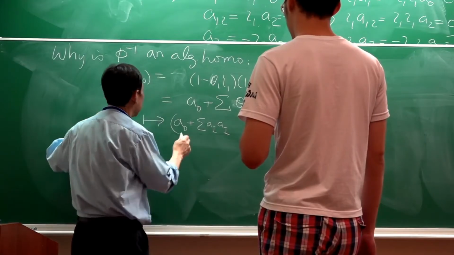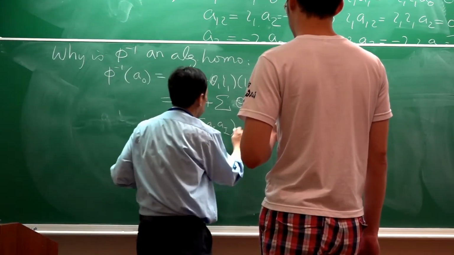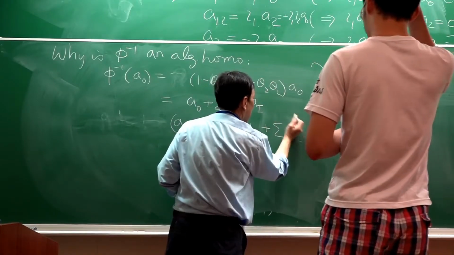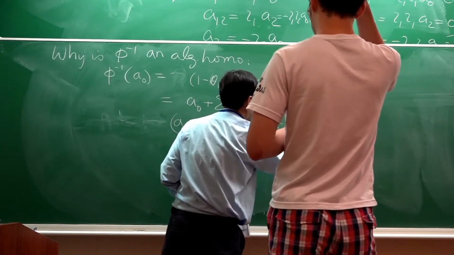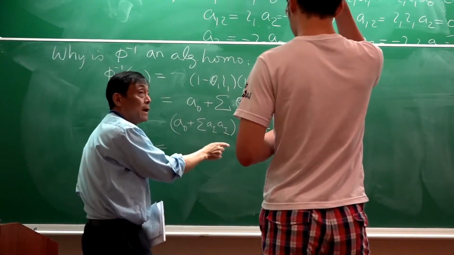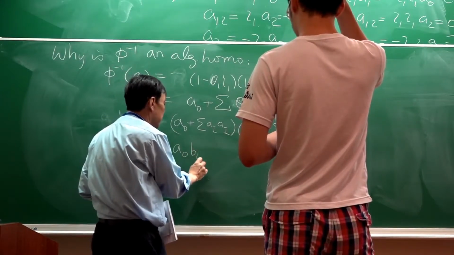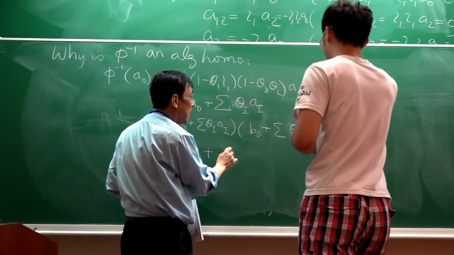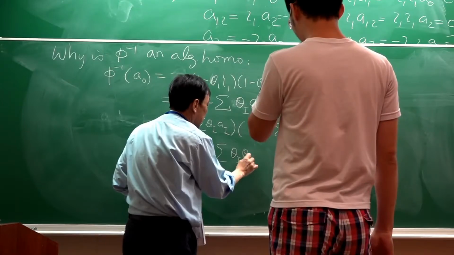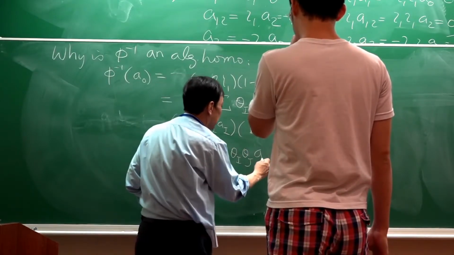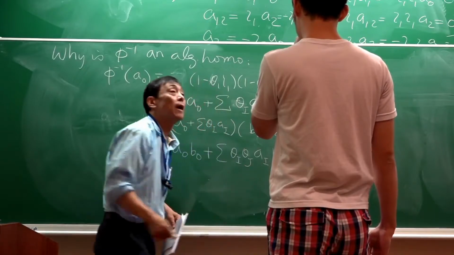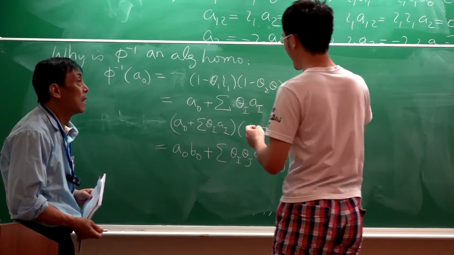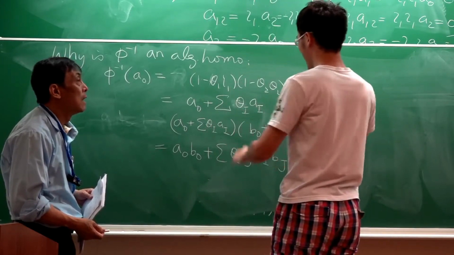So, if you take this and this, and you multiply out, you get A0 B0 plus the terms with theta in it. So just directly check by this definition.